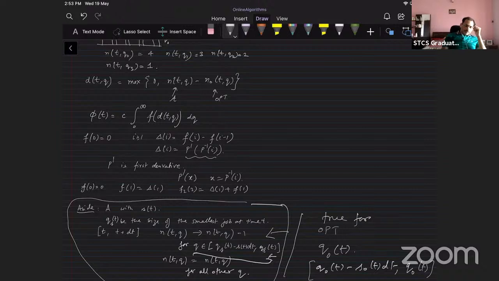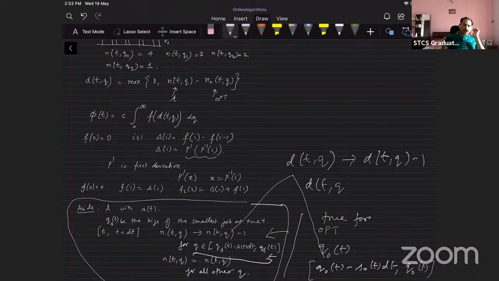See, now given that I have written this and this, a similar thing holds for D(t,q), that it goes to either plus 1 or minus 1, depending on whether I'm looking at OPT's contribution or the algorithm's contribution. If I'm looking at the algorithm's contribution, D(t,q) goes to D(t,q) minus 1 for a certain value of q.